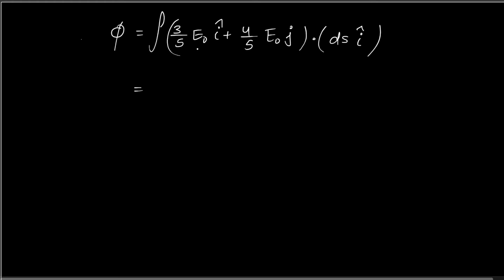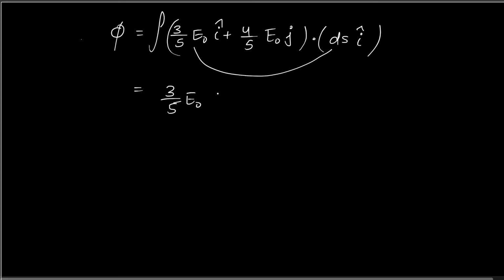And then if you multiply, because in the dot product, as we have seen in the last lecture, you have to simply multiply the corresponding components of the x cap and the y cap. Because there is no y cap, the y cap component becomes 0, and for the x cap component you get 3 by 5 E naught.